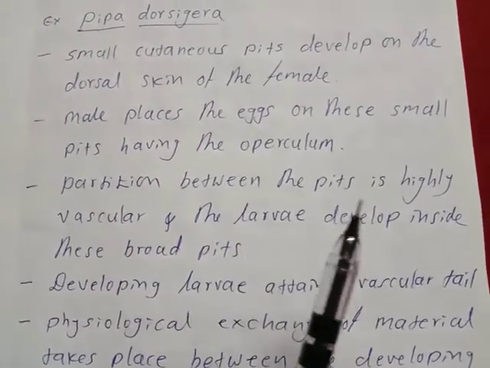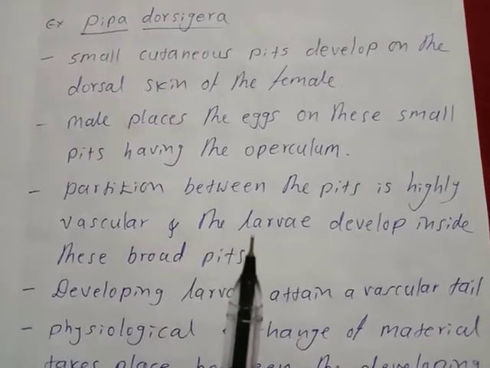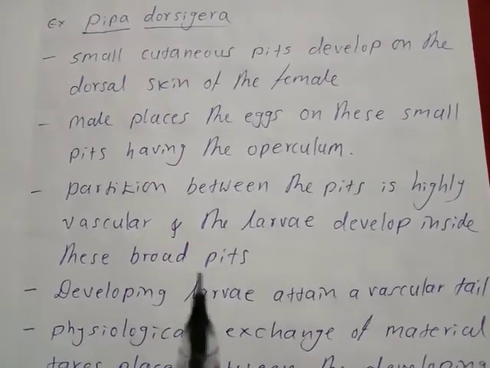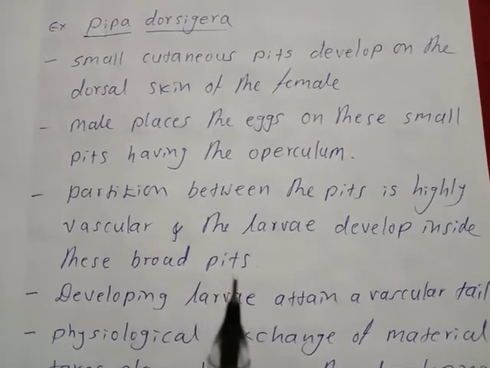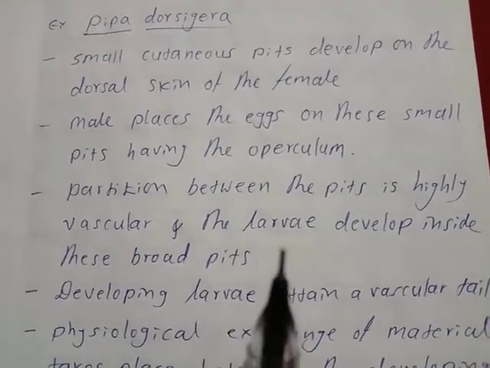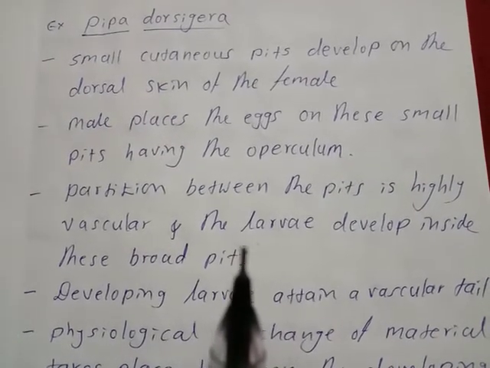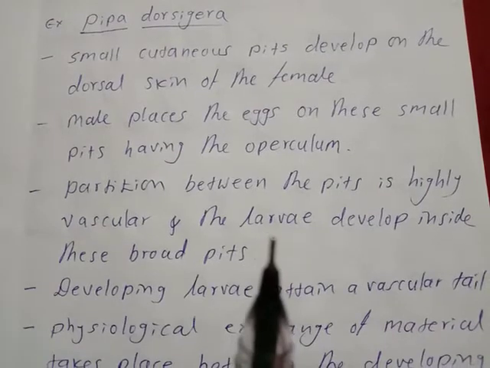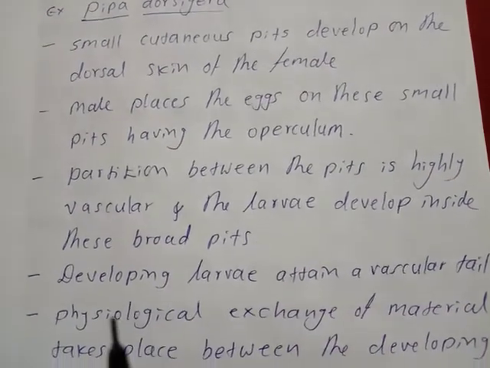Partition between the pits is highly vascular, and the larvae develop inside these pits. That means after formation of the zygote, it develops into a larva in the pits.